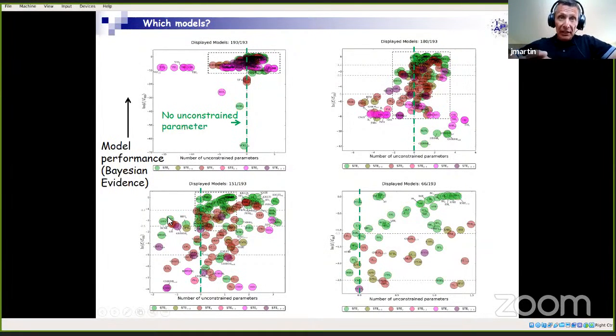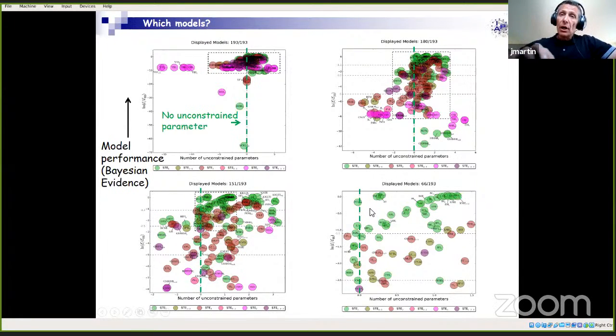And finally, this rectangle that you can see here has been zoomed in again, and this gives the region that contains the best model of inflation. So again, the best model should lie at the top of the graph in the vicinity of this green line.